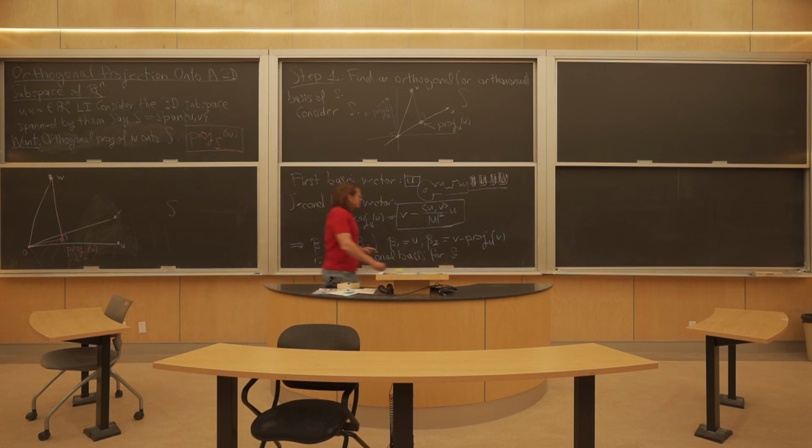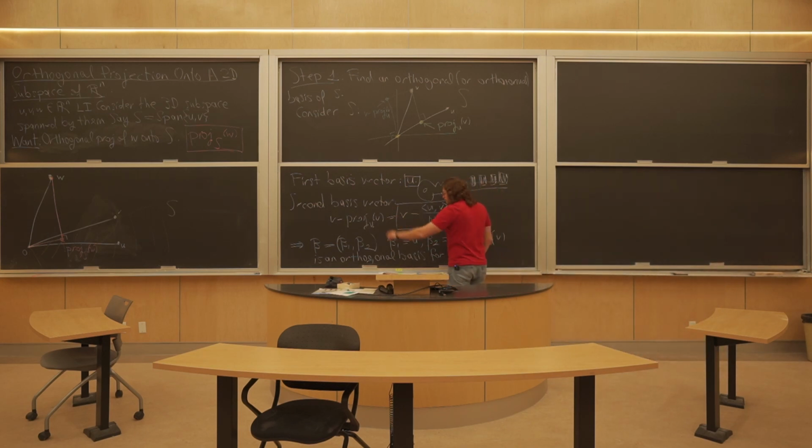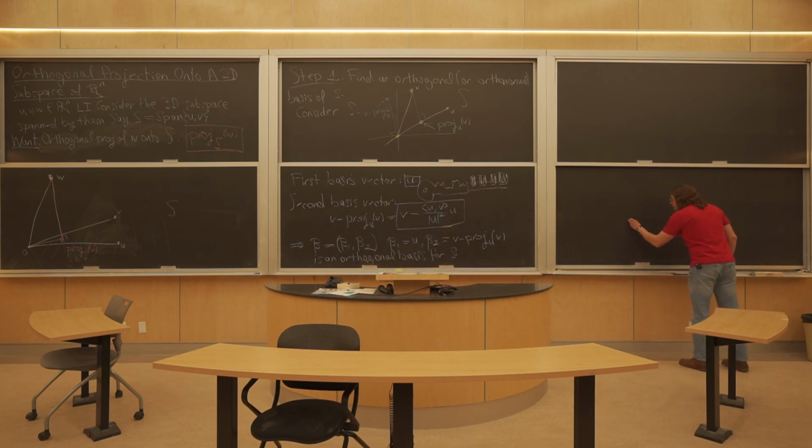So now I'm going to change perspectives there. My picture looks like this, okay? So this is U, which is the same thing as my first vector.